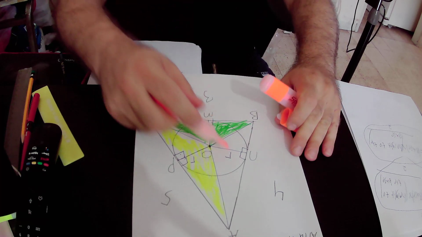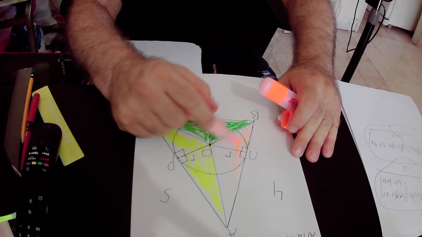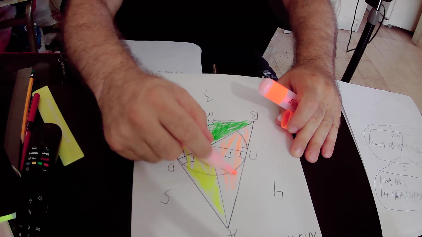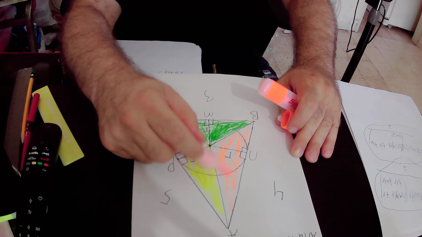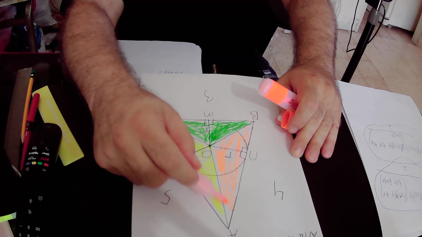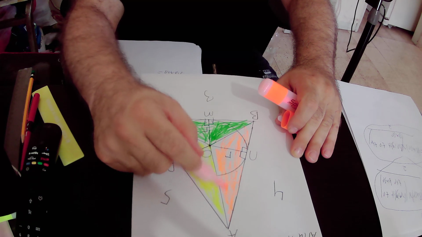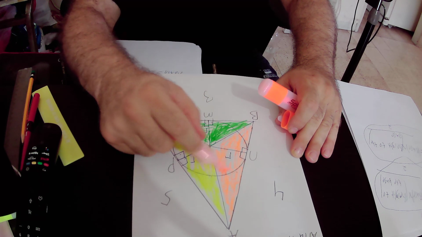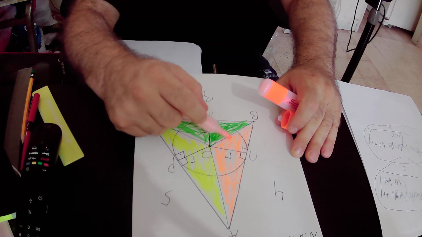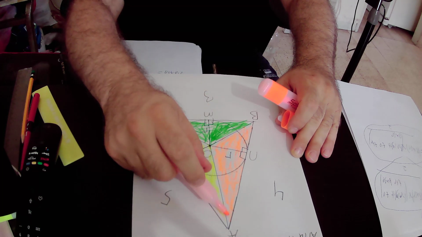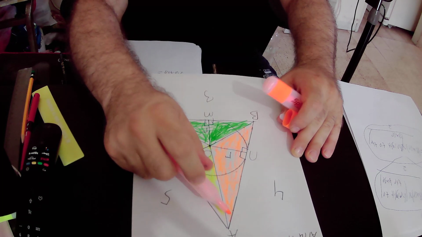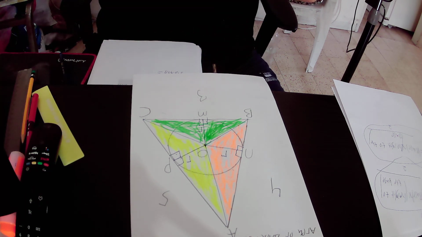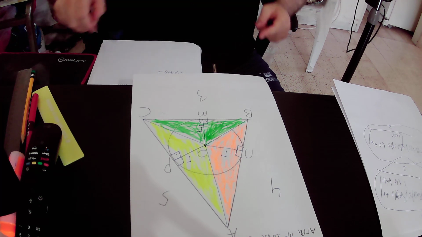The area of the orange triangle, triangle AOB, equals the base of the orange triangle, that is actually 4 units.